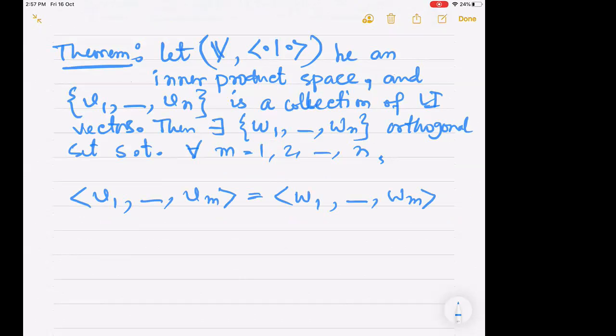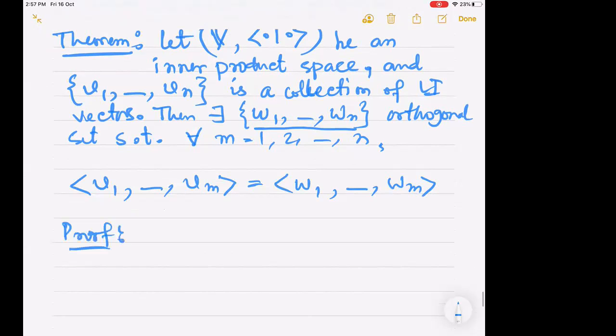So there exists an orthogonal set, first of all, and not just that, this orthogonal set is in fact a basis for this nested chain of subspaces obtained from V1 up to Vn. Let me explain what I mean by this.